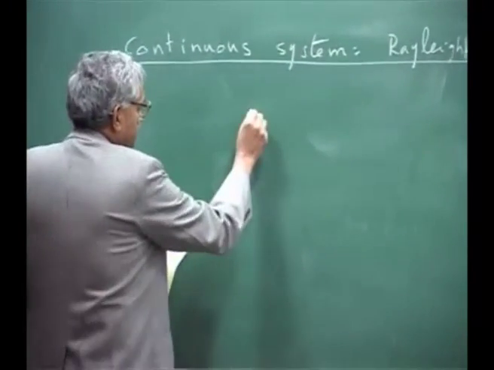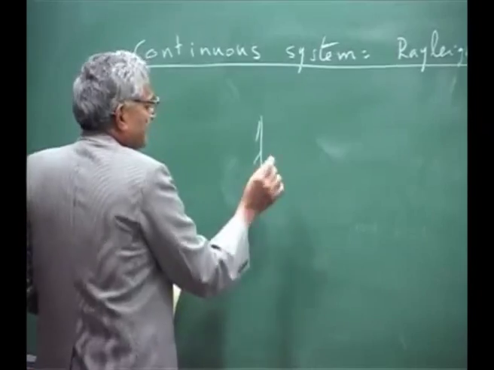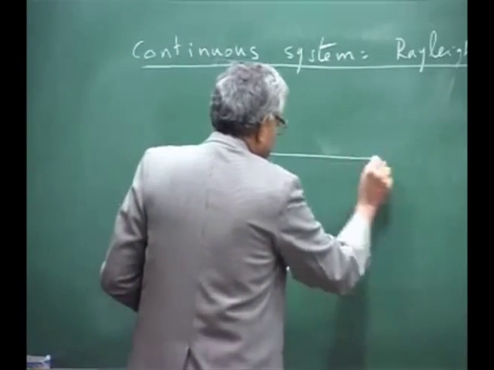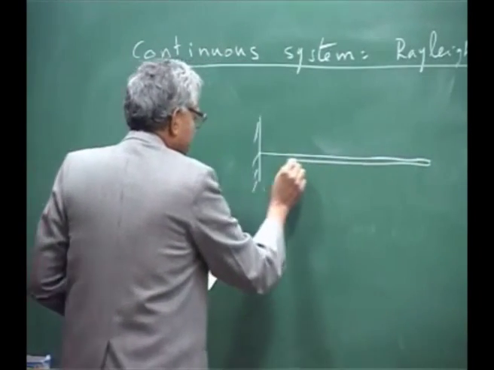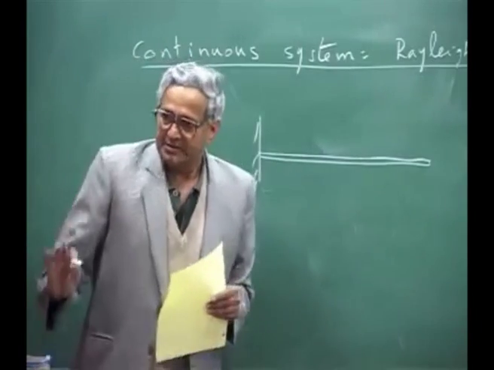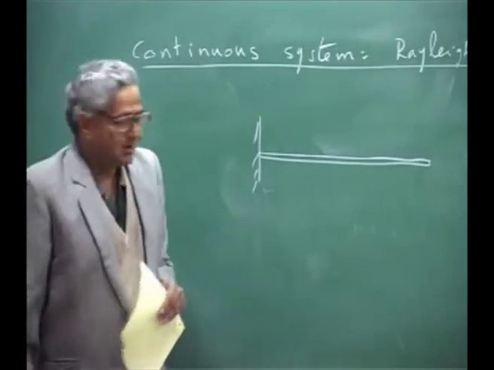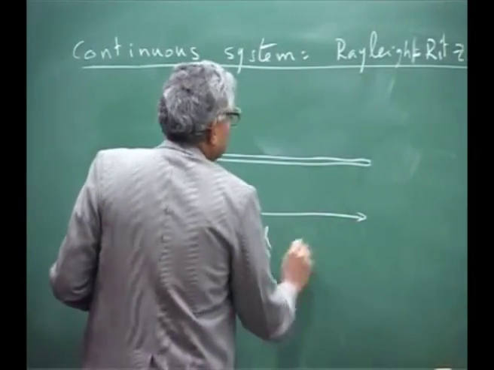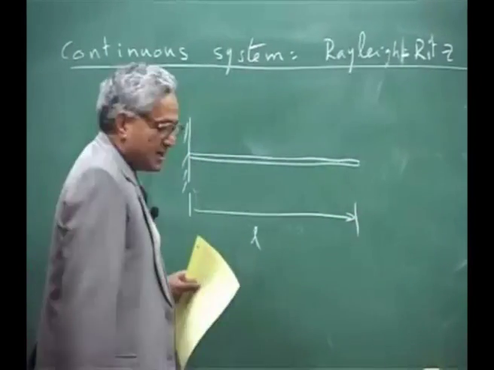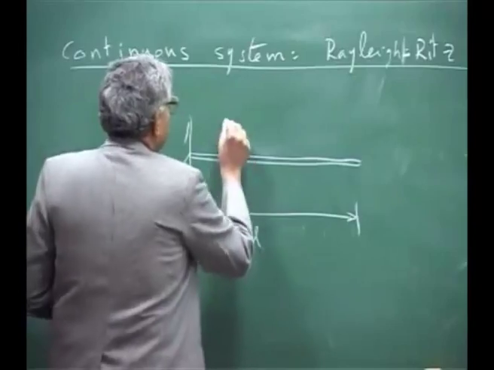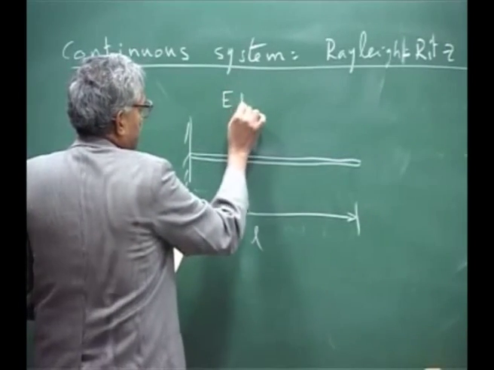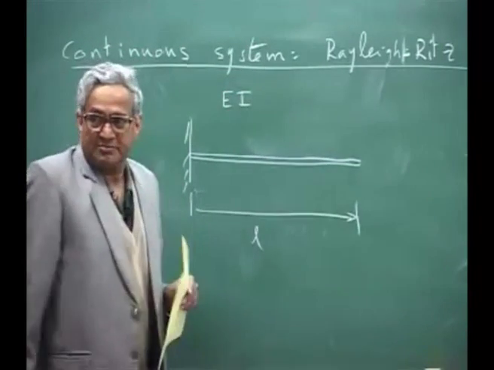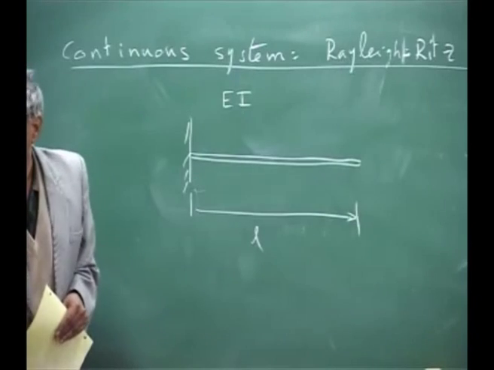Our problem is very simple. What we have used earlier, we are going to represent our wing like a cantilever beam of length L. The properties are, you may say, EI, which is the bending stiffness of the beam.